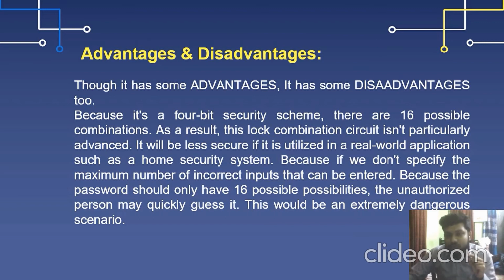Because if we don't specify the maximum number of incorrect inputs that can be entered, since the password has only 16 possibilities, an unauthorized person may quickly guess it. This would be an extremely dangerous scenario.